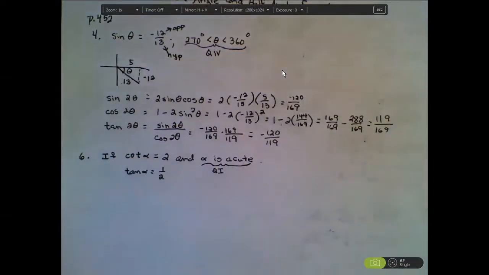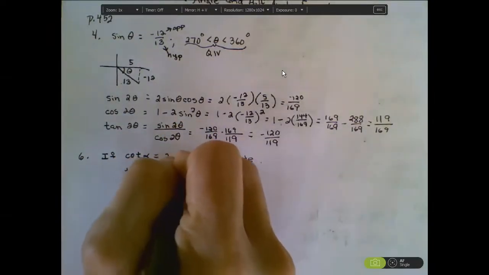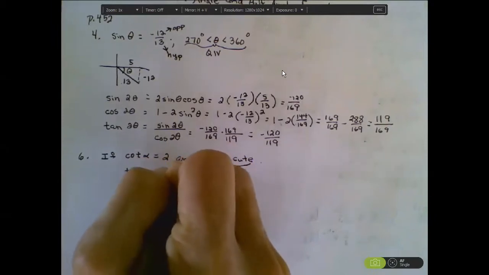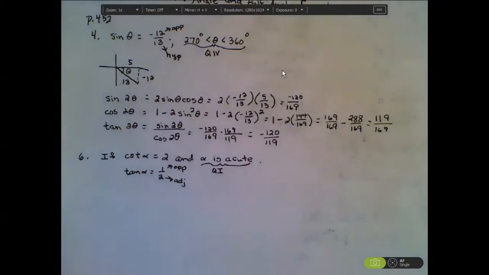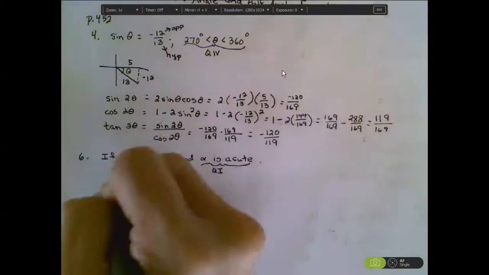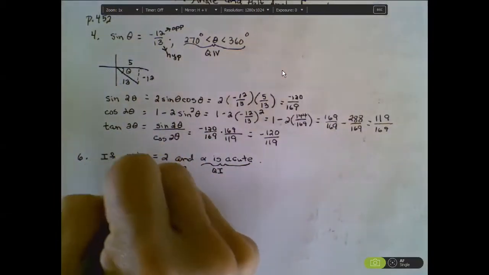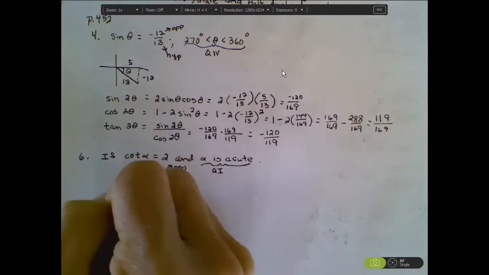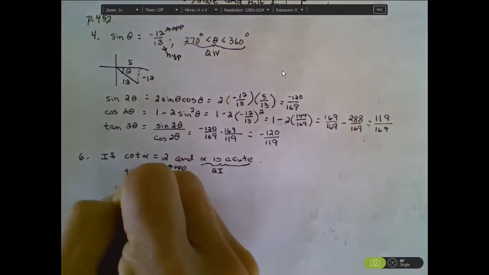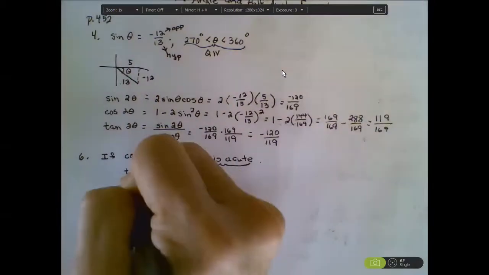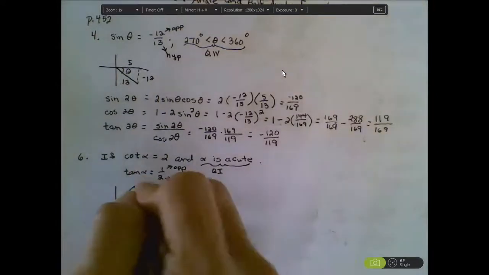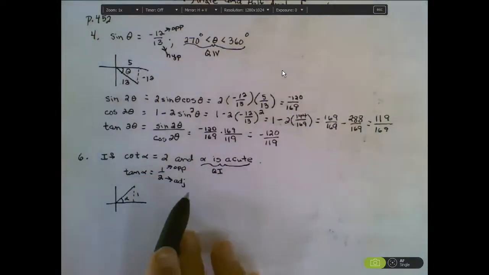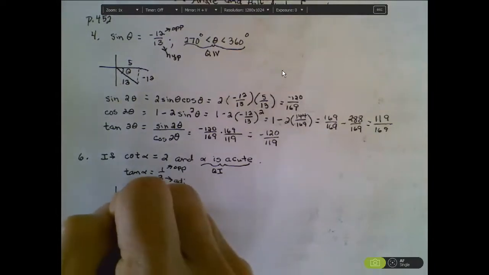A half. So the opposite is 1 and the adjacent is 2. And you can draw a picture of that first quadrant angle. Label it alpha. Drop a vertical line down to the x-axis and say the side opposite alpha is 1, the side adjacent to alpha is 2.